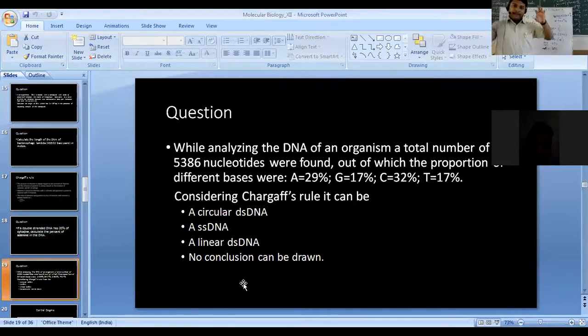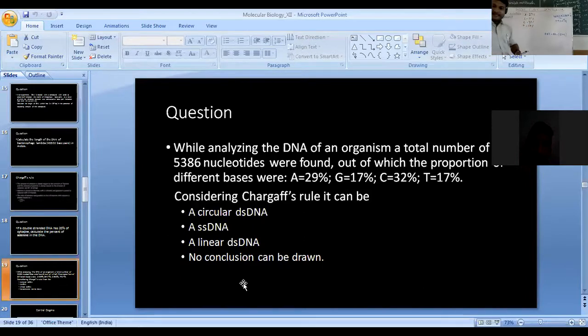Now, applying the rule, let me write that down first. As per this question, A is equal to 29%, G is equal to 17%, C equals 32%, and T is equal to 17%.